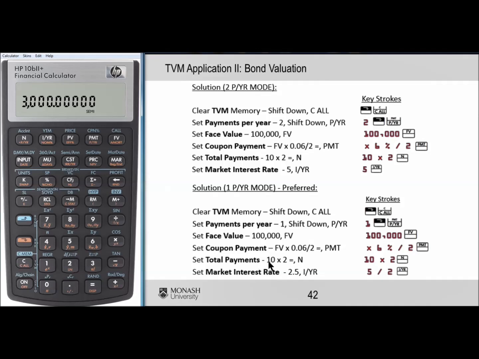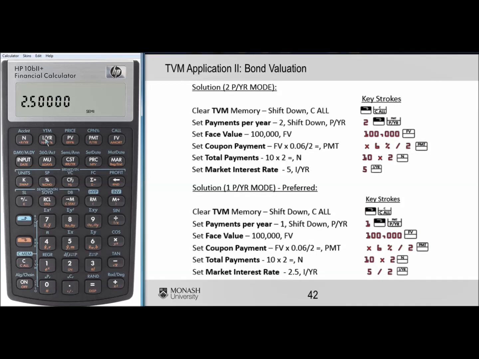Total payments: we have 10 years, 2 semi-annuals per year, so 20 payments of coupons. Interest rate, 5% per annum divided by 2. That is your interest rate.